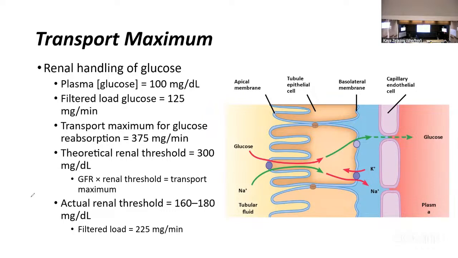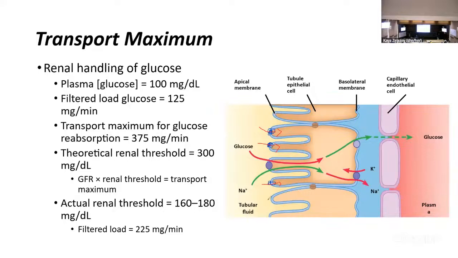And the reason for this is kind of statistics, kind of physics. If you imagine a bunch of these transporters, to get to your theoretical renal threshold and handle that with this transport maximum, they would all have to be 100% saturated, every one of them operating at the same time. But if you have a lot of glucose, some will be next to the apical membrane, but some will be in the middle.